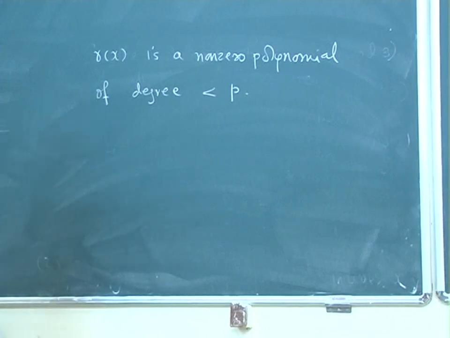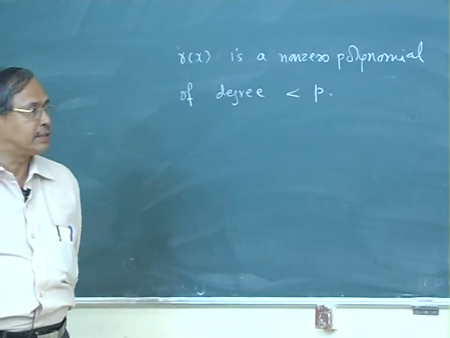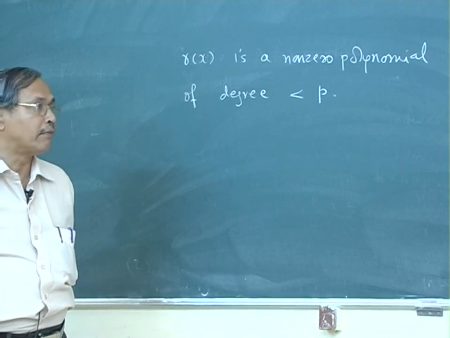So what we do is, suppose some initial coefficients of R(x) are divisible by p, you just get rid of them, and suppose m is the largest such that the coefficient of x raised to m in R(x) is not divisible by p.